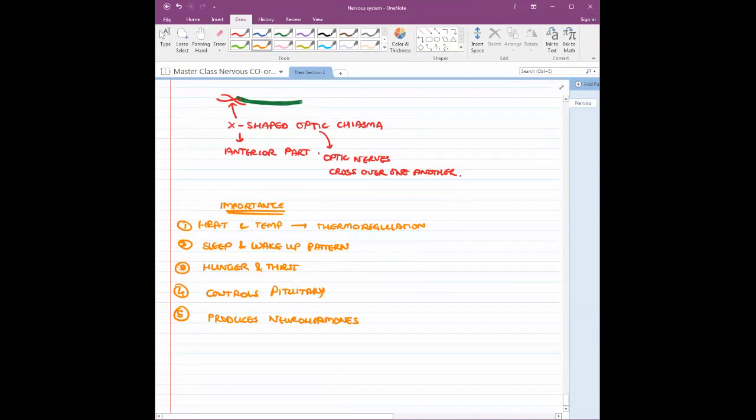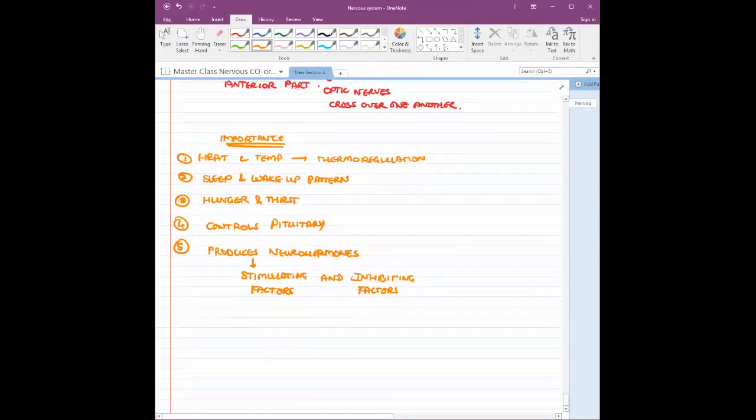These neurohormones are produced by this and stored in your posterior pituitary. These are basically your stimulating factors and inhibiting factors. Both of these are going to be there.